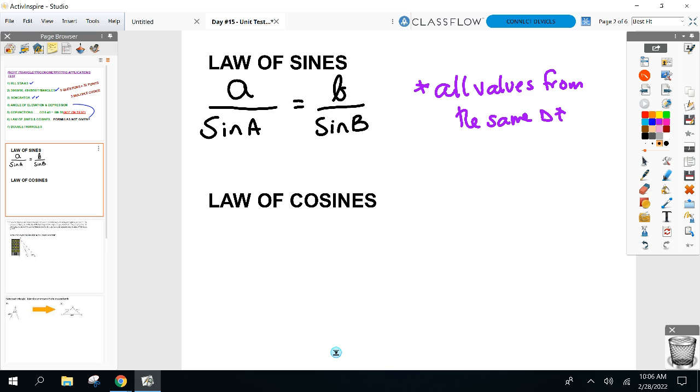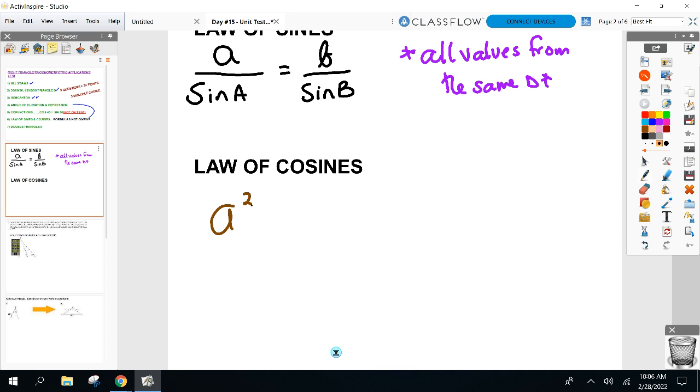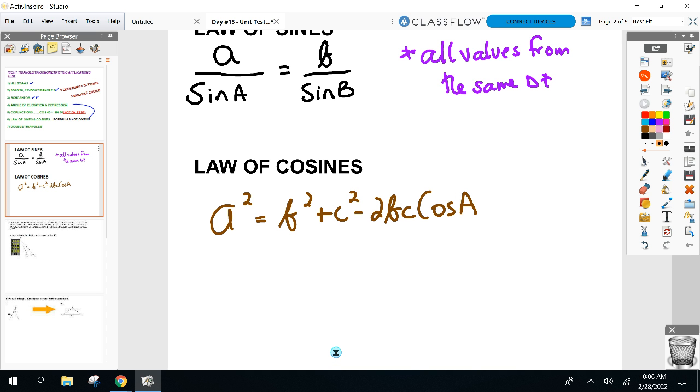Everyone, questions there? Anything going? No. Law of cosines: a squared equals b squared plus c squared minus 2bc cosine A. That doesn't mean side a, because what happens if I have triangle RST? That's not side a. What side do I plug in here? The side across from the given angle.